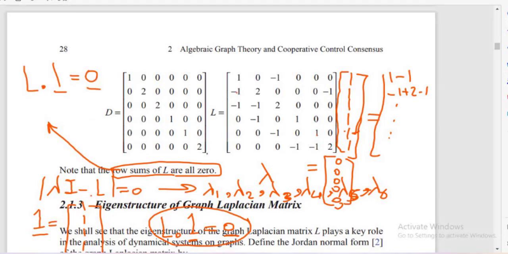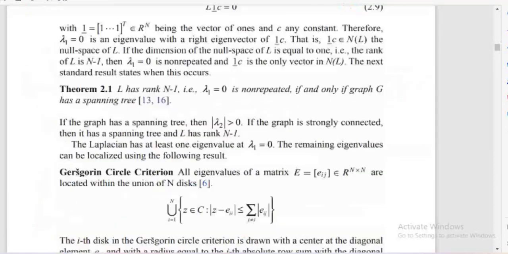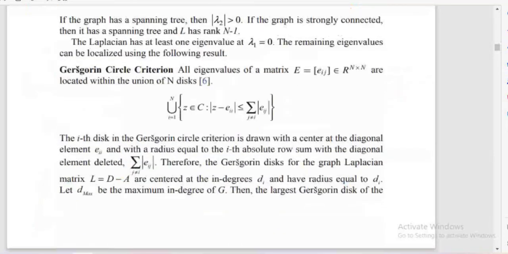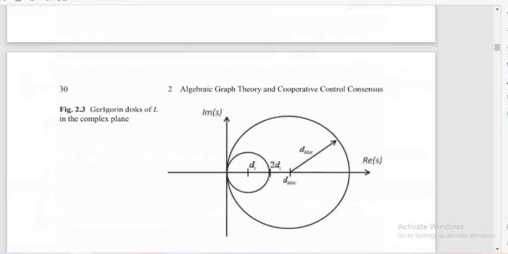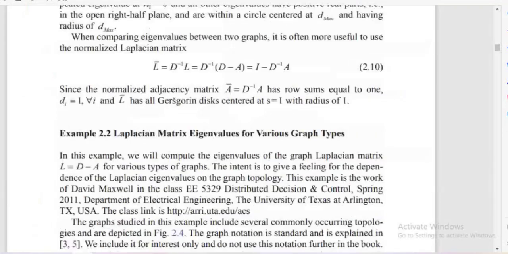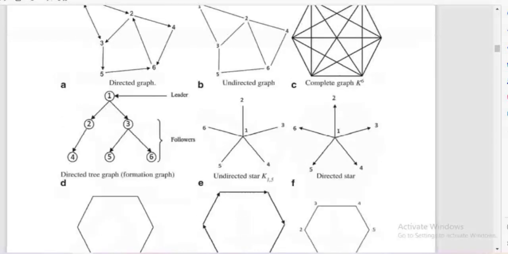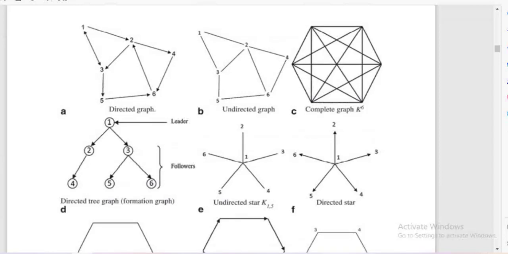Okay? And what about the eigenvalues of the system? I want to delete this term, and let me describe or review this graph. This is an undirected graph.